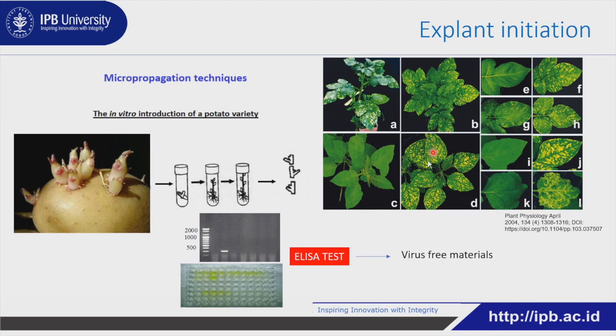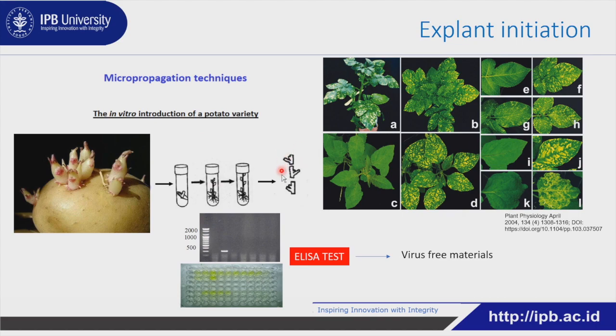So we can get potato tuber from this kind of plant, and after that we can get the buds like this, and we do the meristem culture like what I already explained to you in the banana situation. And we can also do thermal application or chemical application.